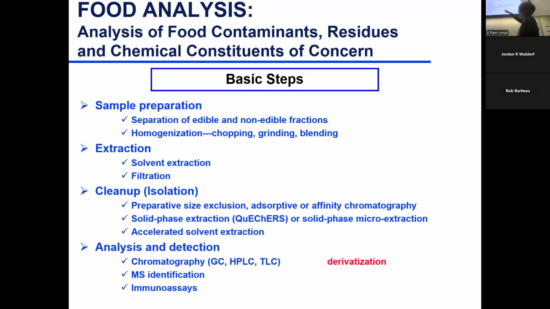Then most of the detection and analysis is done by chromatography, mass identification, and immunoassays. These are the most repeatedly used methods for these kinds of compounds. Derivatization is done only when we need to have specific qualities, like in GC, for example.